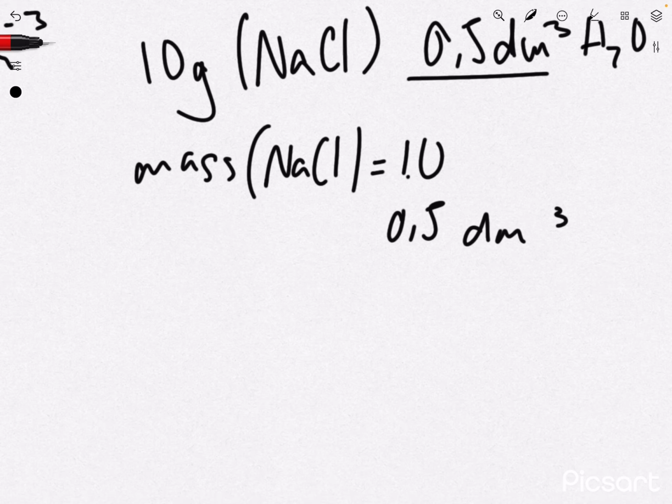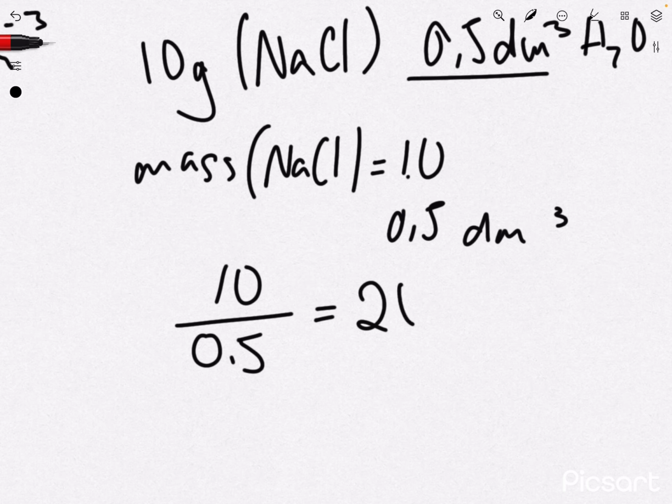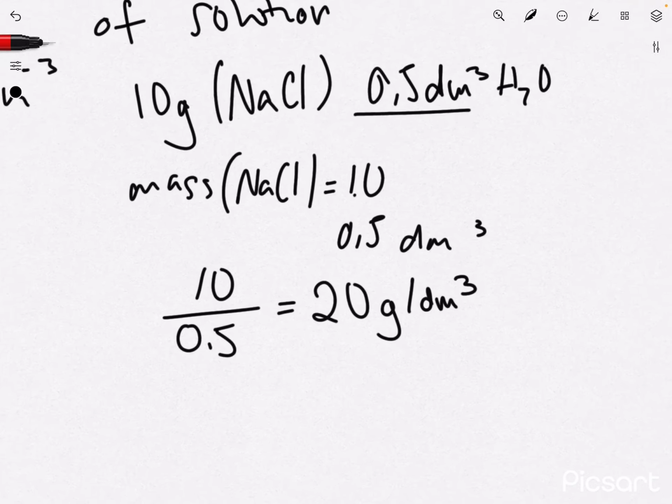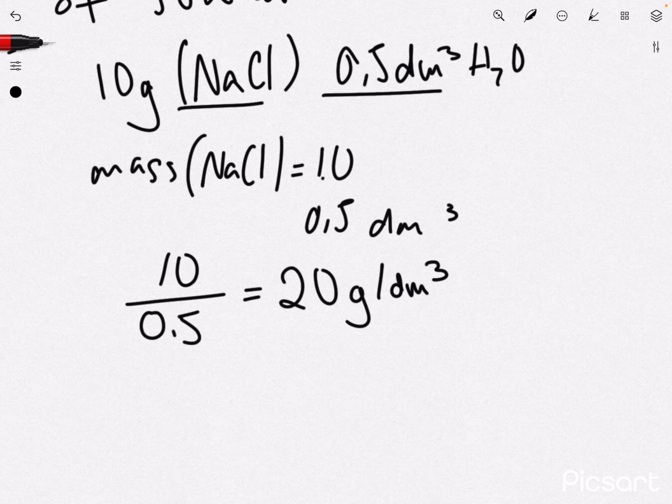So if we take our 10 and divide it by 0.5, we get 20 grams per dm3, telling us that the concentration of the NaCl in this aqueous solution is 20 grams per decimeter cubed.